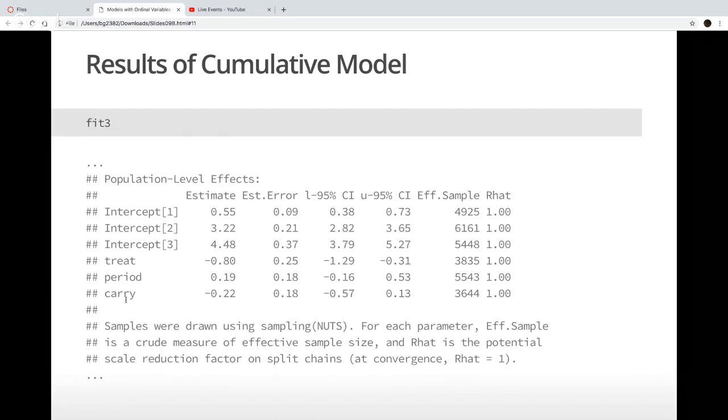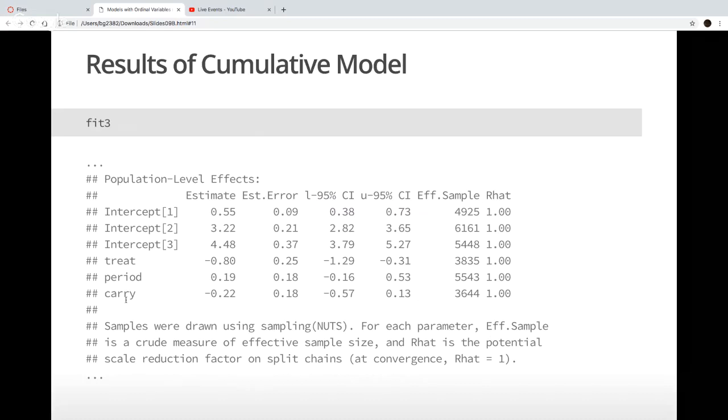So just looking at what the results look like when you do this in BRM. The first three things here are called intercept 1, 2, and 3, which are cut points. They're just not labeled cut points. I think this is kind of misleading to call them intercepts. They're not the conditional expectation of utility given that someone's x values are all 0.